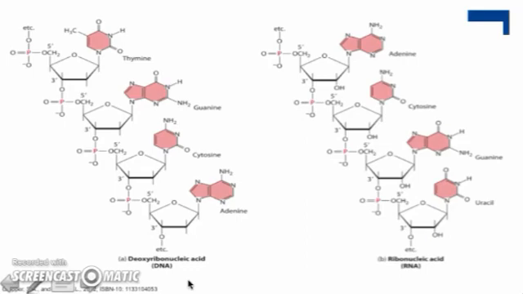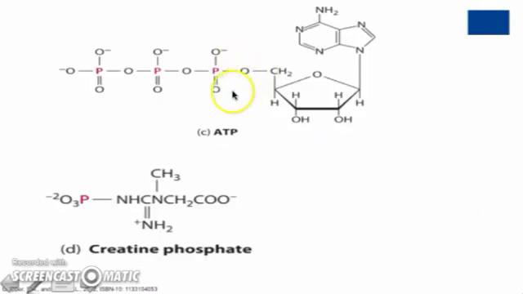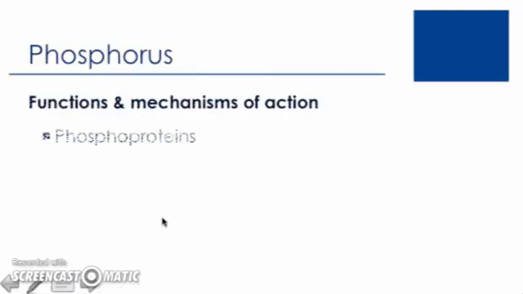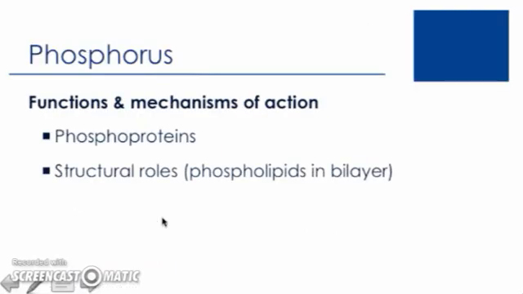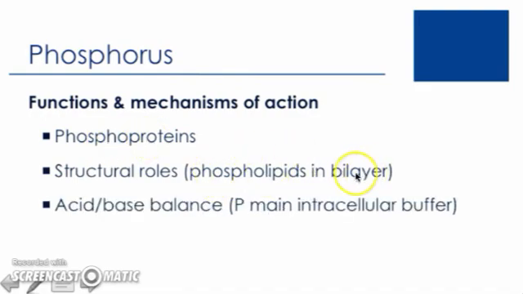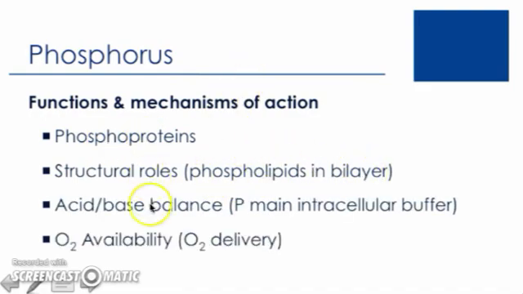We see here the phosphorus, which is a component of the phosphate groups of DNA, also of RNA. We see phosphorus as a component of the phosphate groups of ATP and also creatine phosphate. Phosphorus also plays structural roles in different phosphoproteins, the phospholipid bilayer, and plays a role additionally in acid-base balance and oxygen availability.